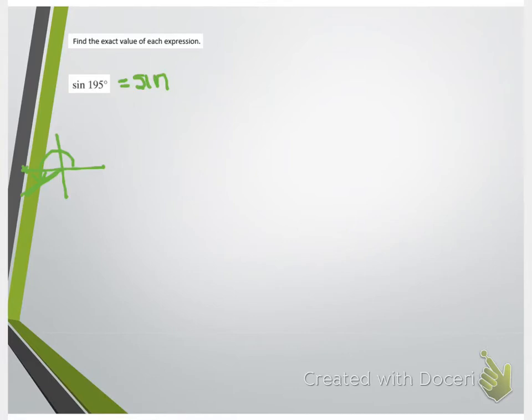Do you buy that 195 is half of 390? Now, why do I care? 390 I can read off my unit circle because that's one revolution, and then how much more? 30. So that would be really convenient.